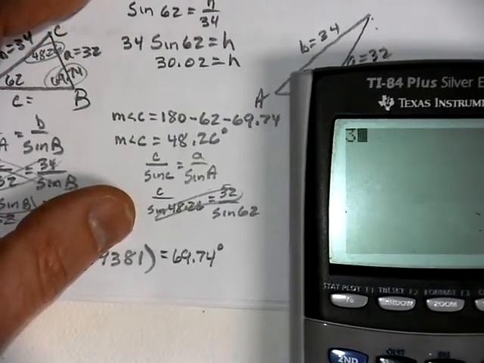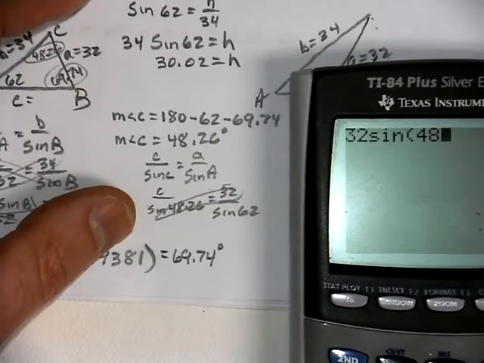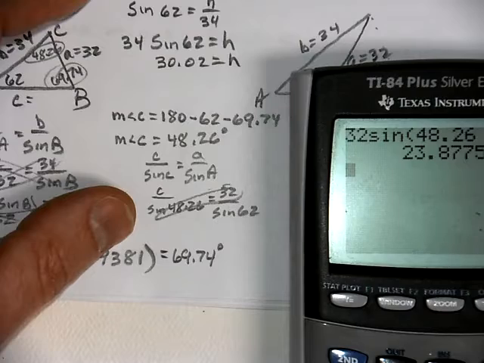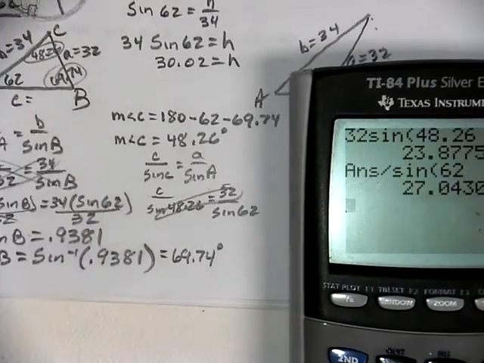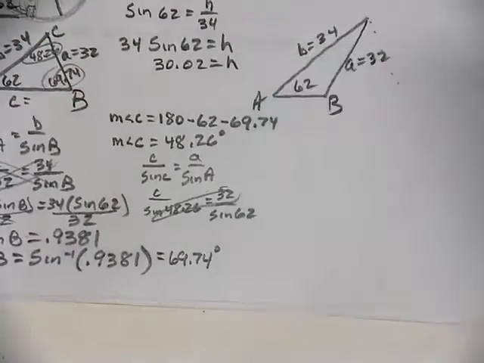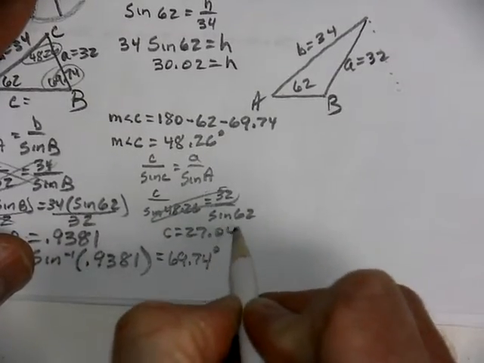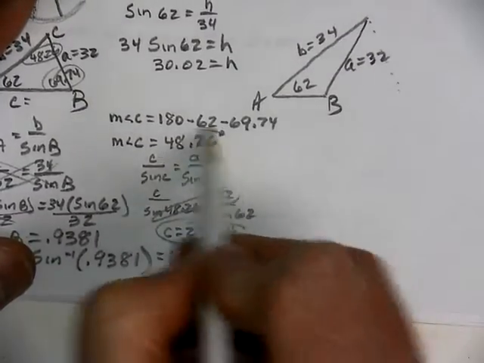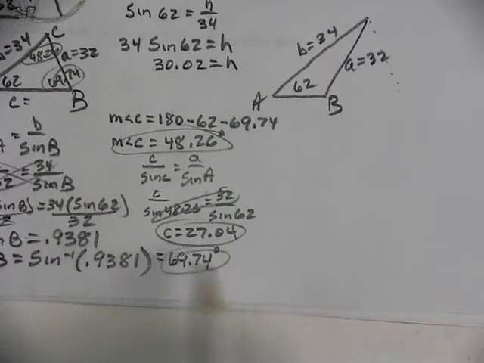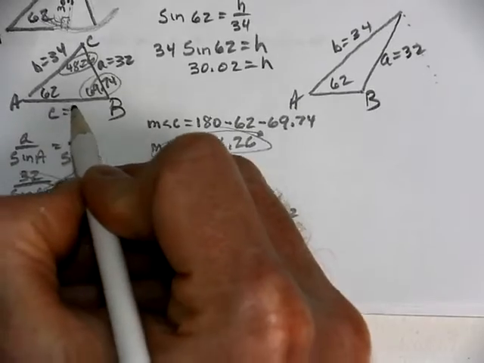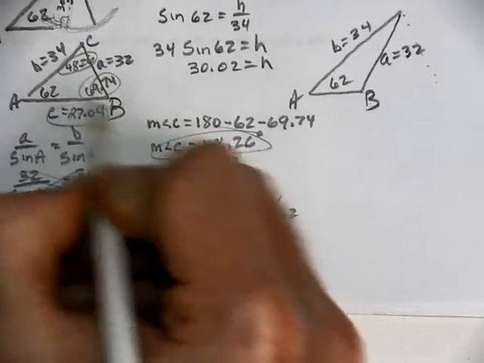I'll do this all in one step. 32 sine of 48.26 divided by the sine of 62. That gives us 27.04. Those are our three answers.